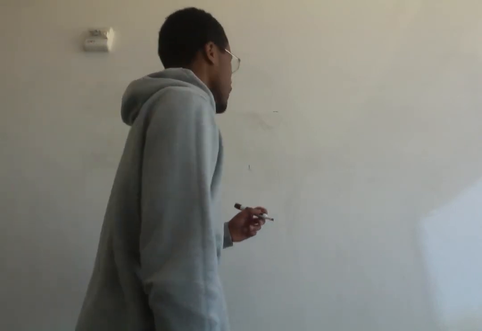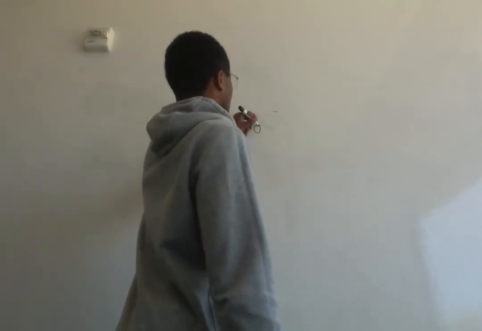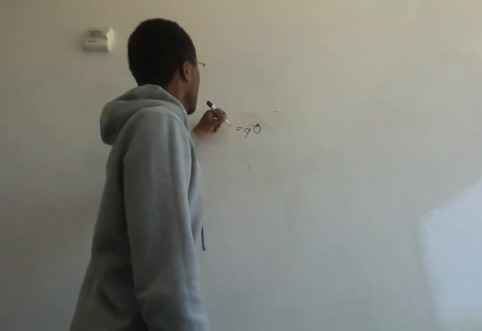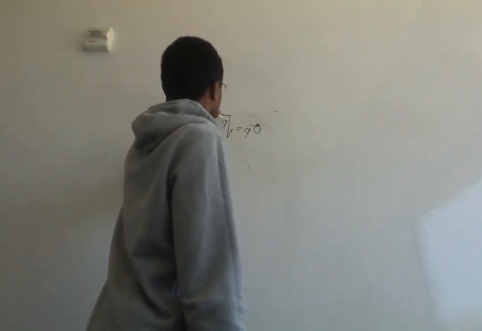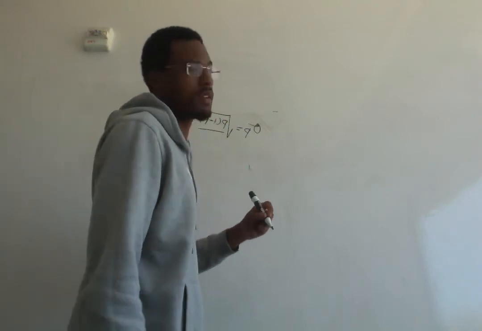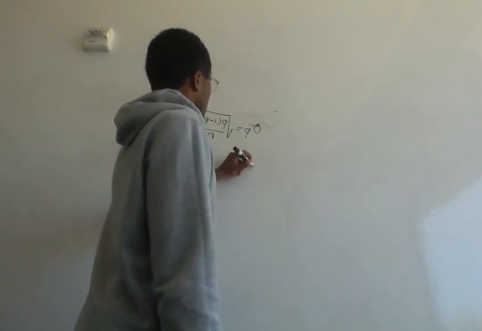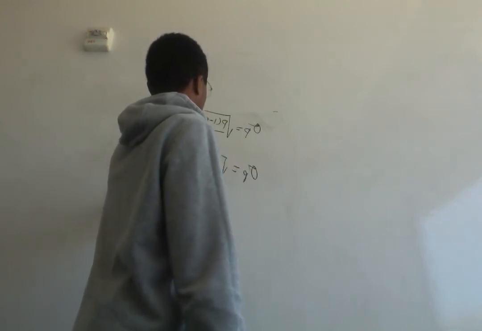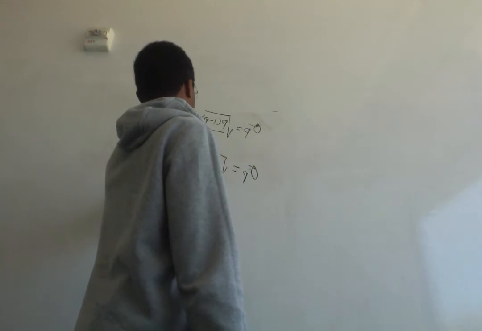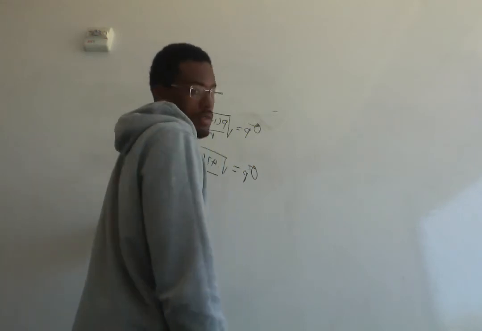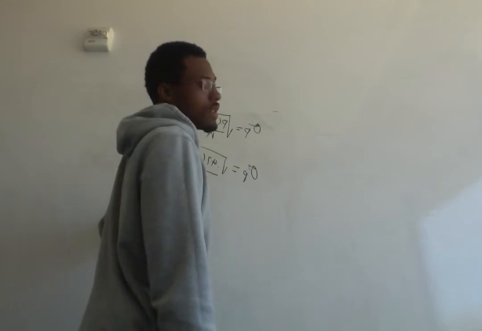In order to do that, I'm going to use the formula square root of p times 1 minus p over n. We have all that already, so it's 0.47 times 0.53 over 200.